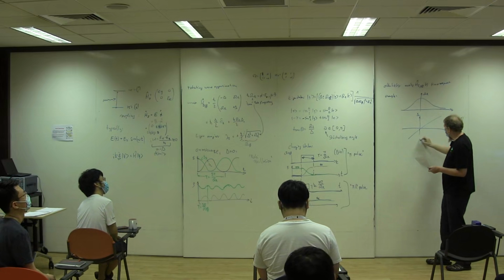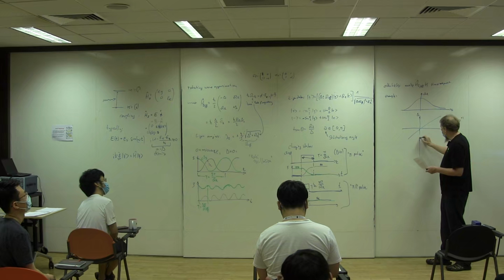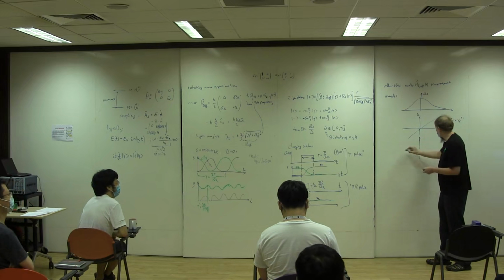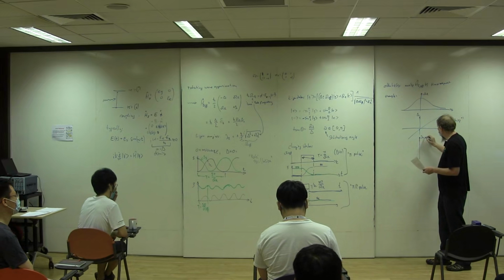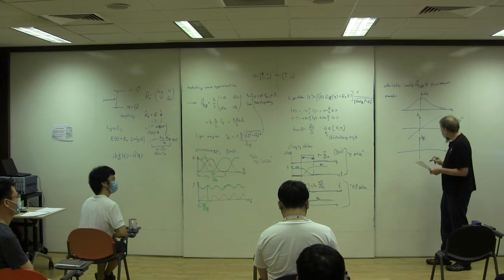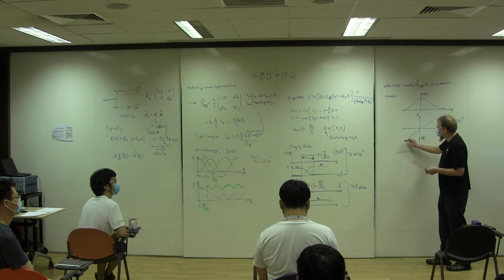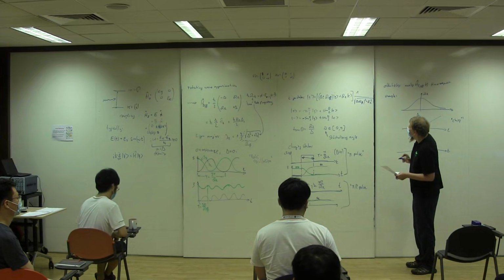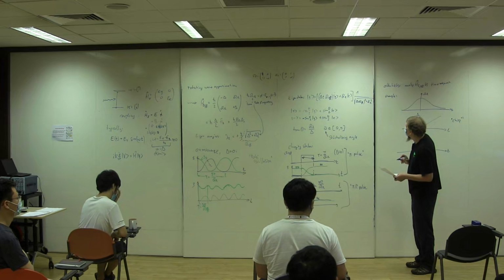Now, in order to figure out what's going on, you can draw the instantaneous eigenvalues of the system, lambda plus minus, as a function of time. Is this obvious to see here?